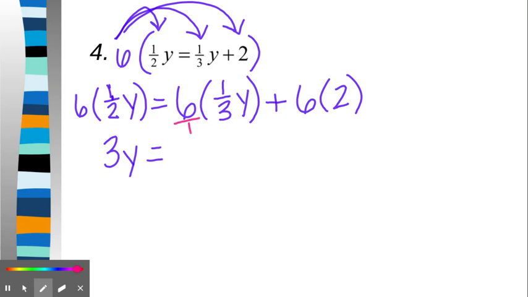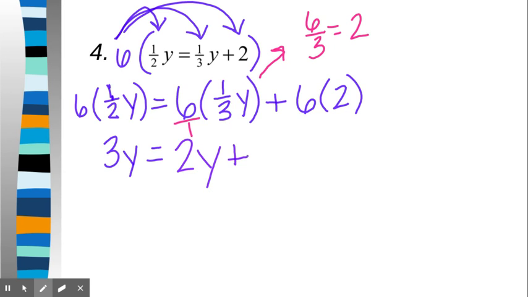This is like a 6 over 1. And so I would have 6 times 1 over 1 times 3, which gives me 6 over 3. And that just reduces down to a 2. It's also the same thing as 6 divided by 3. So we're going to get 2y here. And then my 6 times 2 gives me 12.